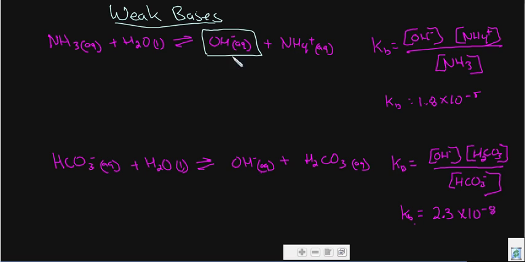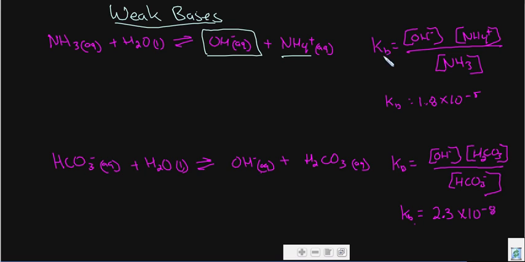Whenever you pull a hydrogen ion to yourself, Bronsted-Lowry says you are a base, and if you donate one, you're an acid. So in this case, the ammonia pulls one to itself, creating the ammonium ion.